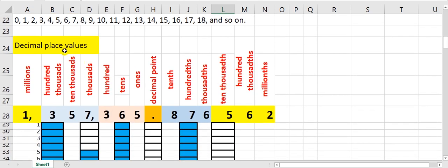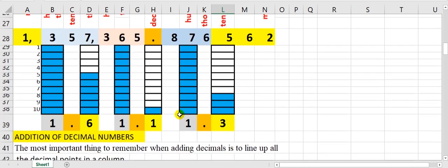The decimal place values. Take care here that there is the decimal point, which separates the integer and the fraction. This is a fraction of 10 decimal.